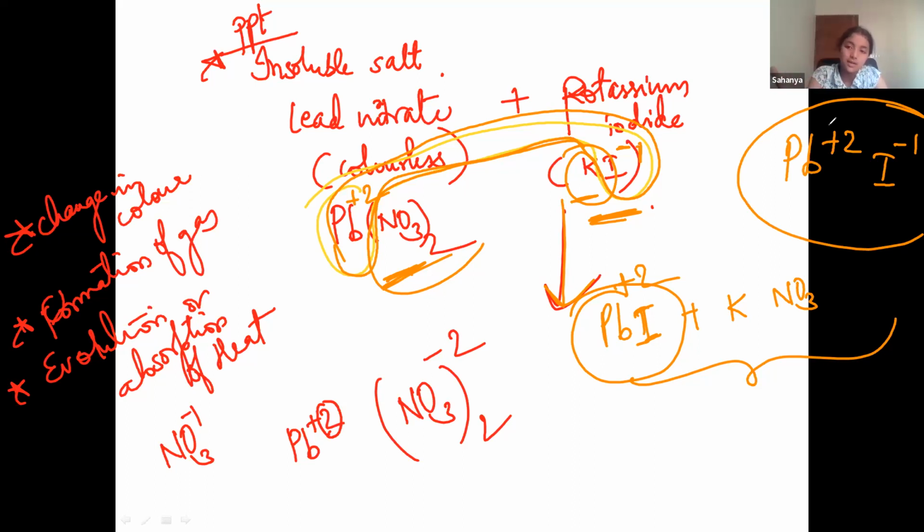Plus 2, minus 2, if I take 2 iodide, so it will be PbI2.